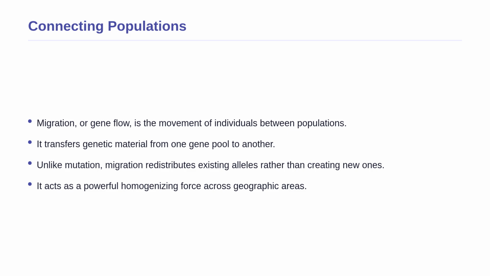In evolutionary biology, this movement of individuals and their genetic material is called migration, or gene flow. Unlike mutation, which creates alleles from scratch, migration simply redistributes existing alleles across different populations. It acts as a powerful homogenizing force, mixing the genetic paint between geographic areas.